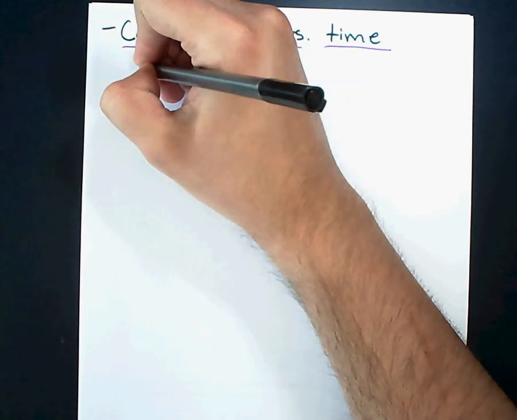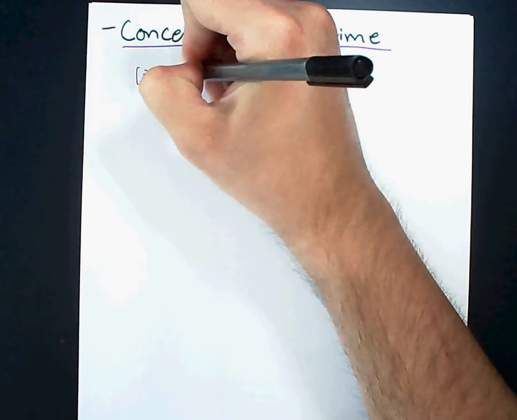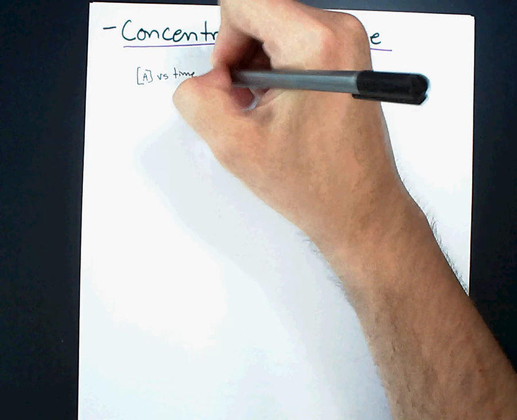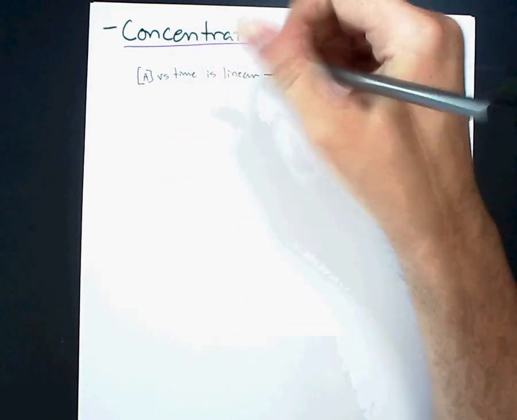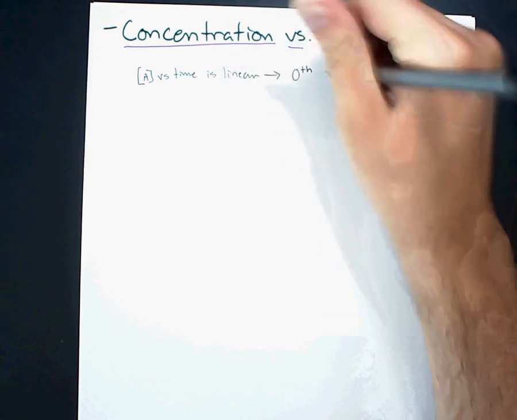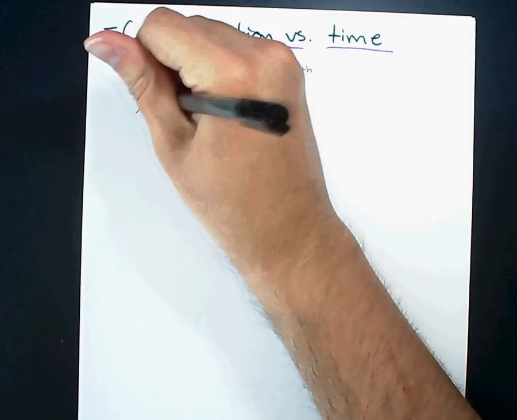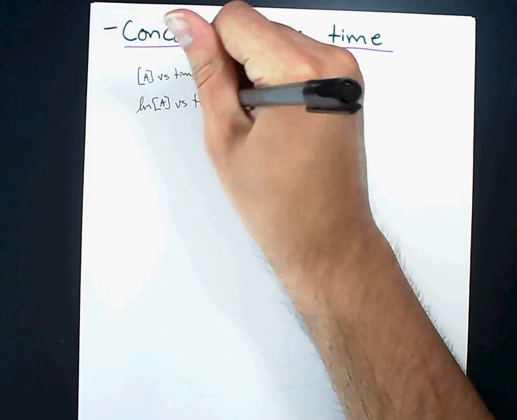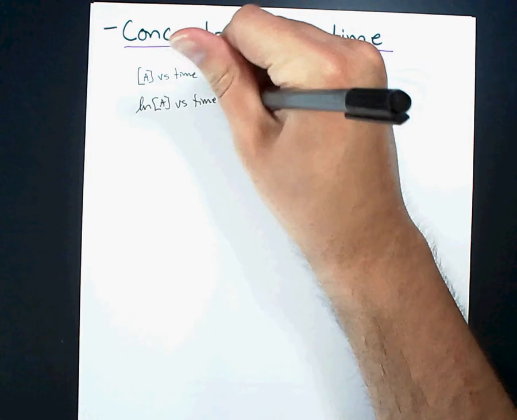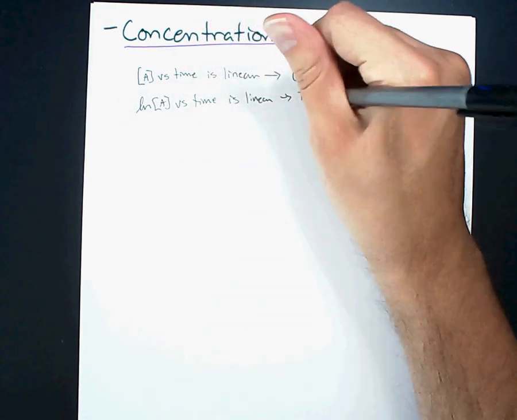If the concentration versus time graph is linear, then it is 0th order. If the ln of the concentration versus time graph is linear, then it's first order.